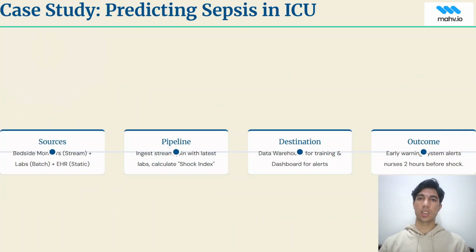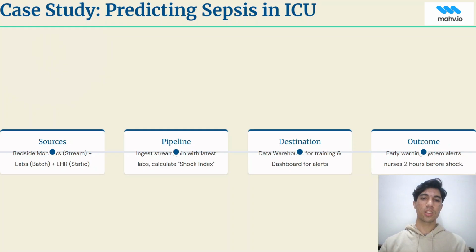So there is this case study of predicting sepsis in the ICU in real time. Basically, the sources are streaming data, and there is data from labs, which is batch data, and there is EHR, which is static electronic health records data. The pipeline is to ingest the streaming data with the latest labs and calculate a shock index.